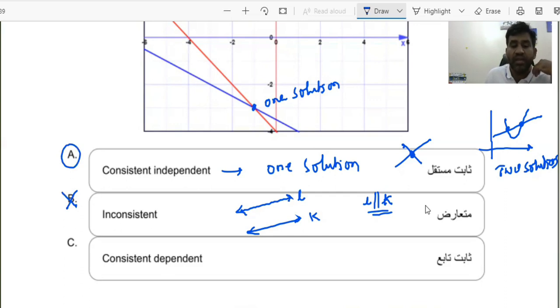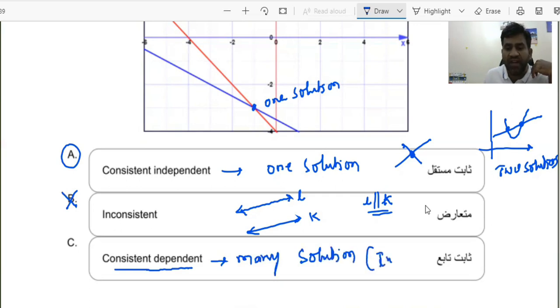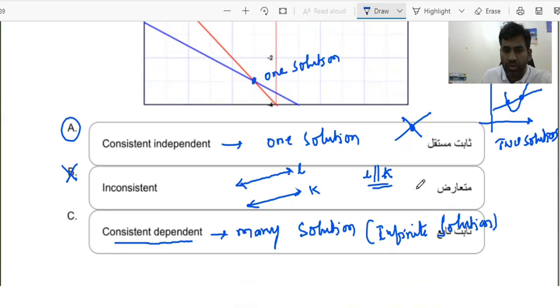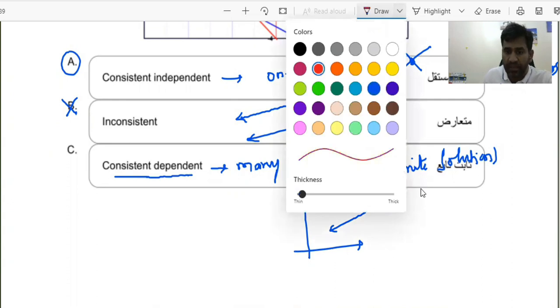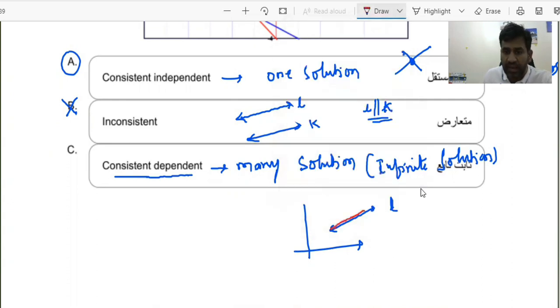Now, what is the meaning of consistent dependent? Consistent dependent means they have many solutions or infinite solutions. Sometimes we also refer to it as infinite solution. So what does infinite or many solutions mean in terms of the graph? It means in the xy plane, the two lines, one called line L and another called line K, are overlapping.